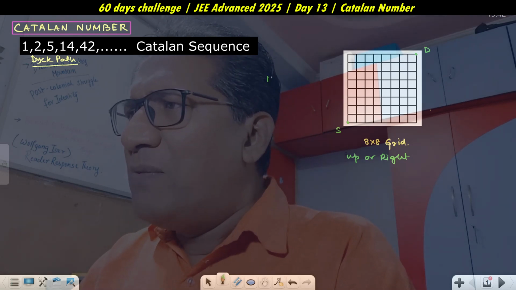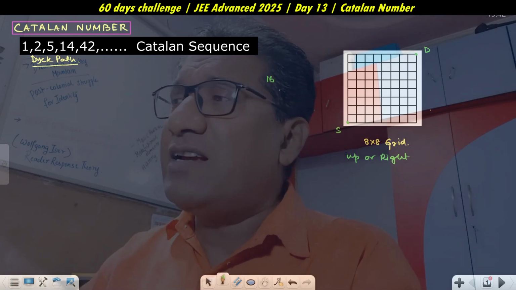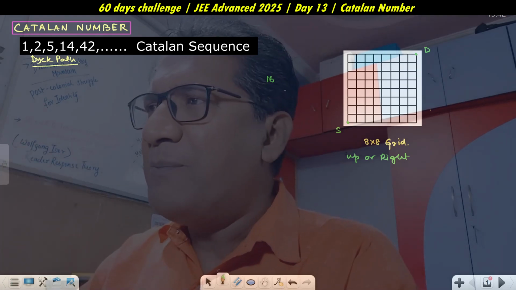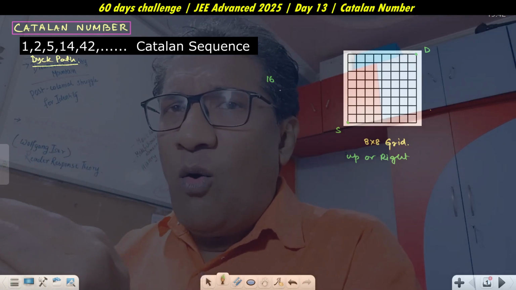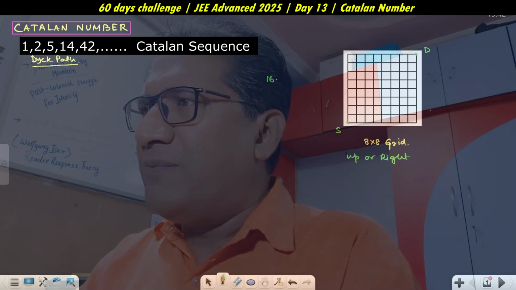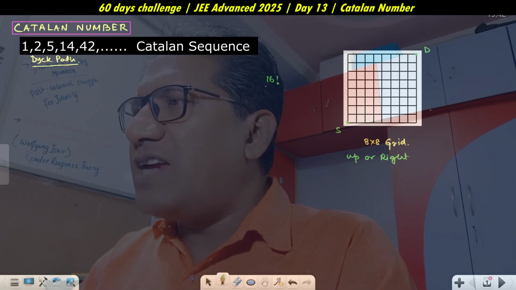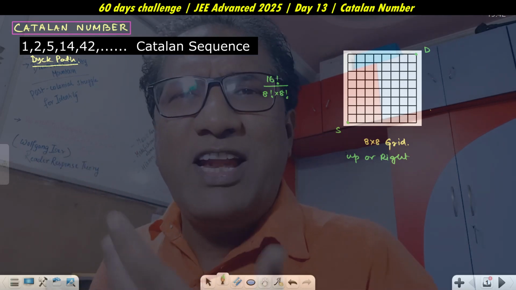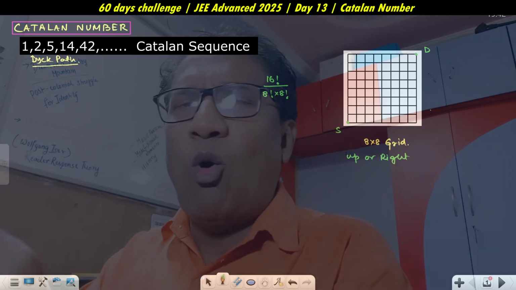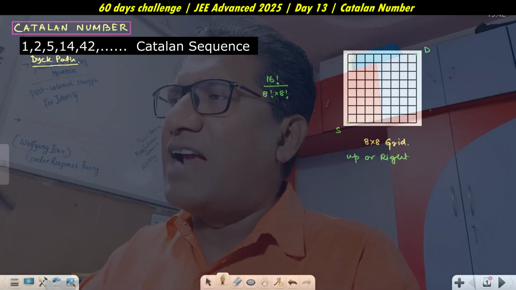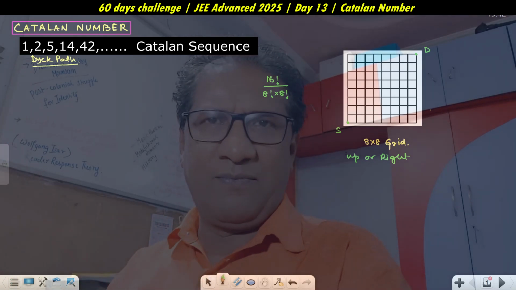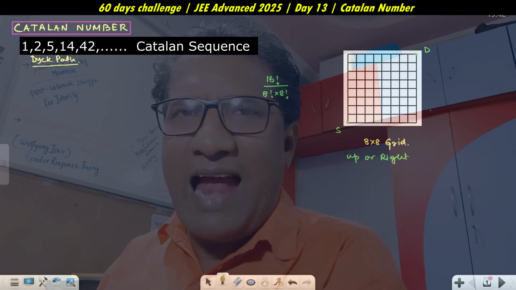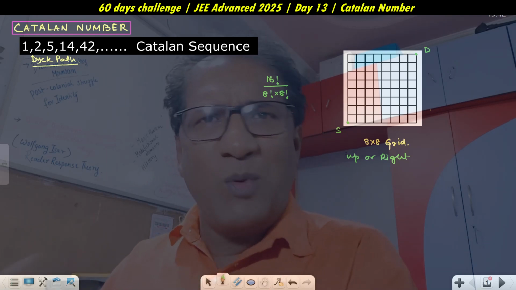So the total number of ways in which the person can reach from S to D while moving only in the right and up direction is factorial 16 divided by factorial 8 into factorial 8. This we already know. That's it.